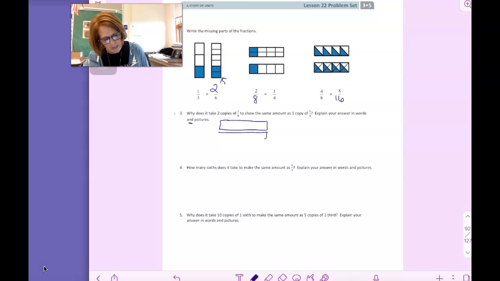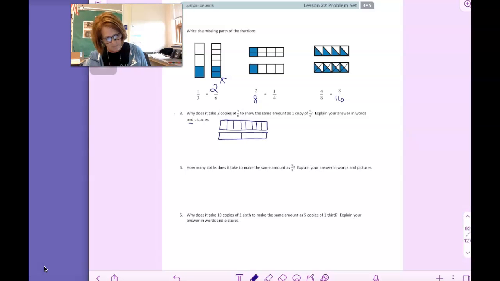I'm going to draw 2 rectangles that are the same size. And we need one that's divided into eighths, which means we go down 1 to draw the number of lines, so 7 lines. And then for fourths, of course, we're going to have 1 line.